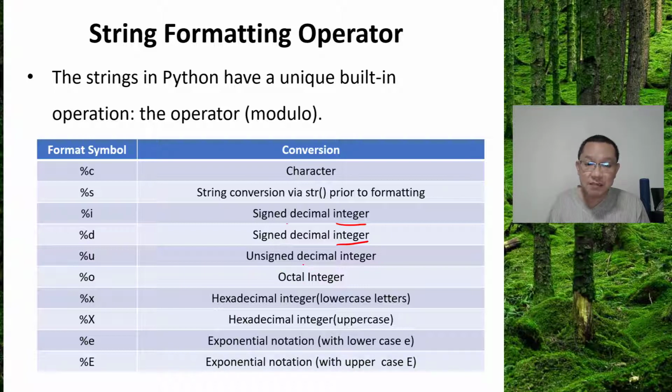You can see decimal integer and octal integer or hexadecimal integer. So these are some different types of integer. You might have learned it a long time ago. Binary integer, decimal integer, octal, hexadecimal. But rarely we might use these other types of integer.